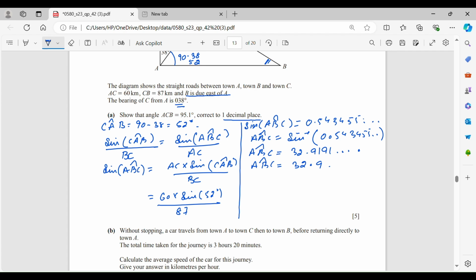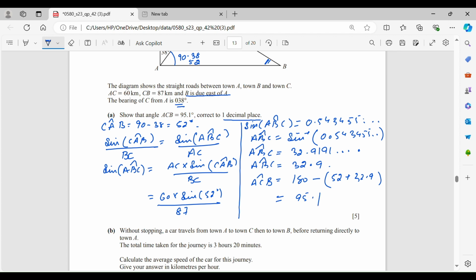Now angle ACB will be equal to 180 minus bracket 52 plus 32.9. So this will be equal to 95.1.